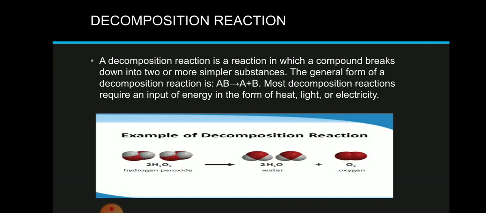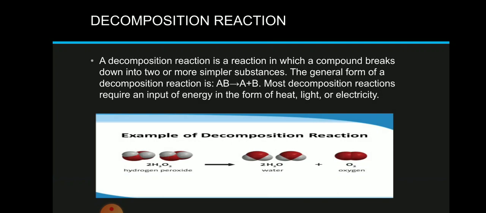The next reaction is the decomposition reaction. A decomposition reaction is one in which a substance breaks down into two or more simple substances. It is just the opposite of the combination reaction.